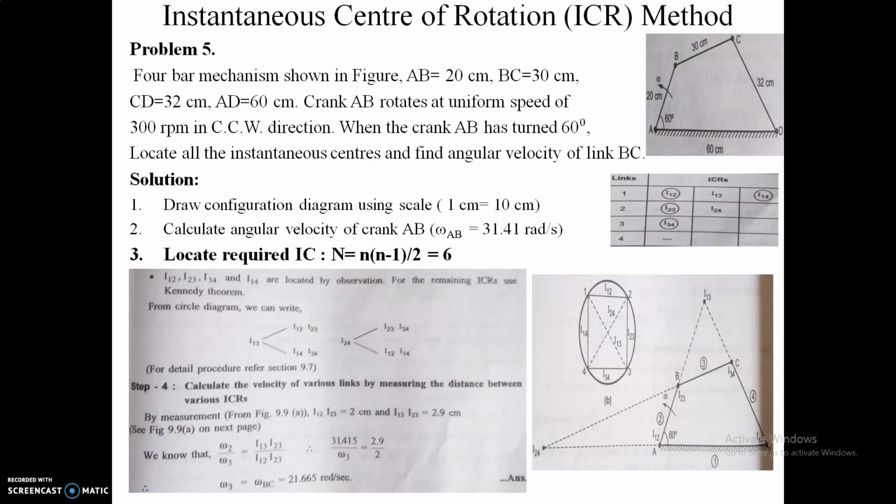The RPM of crank AB is given as 300 RPM, and the direction of the crank is anti-clockwise. The position of the crank is given as 60° from IDC. From that information, what are the unknowns? The unknown is to locate all the ICs, and to find the angular velocity of link BC.